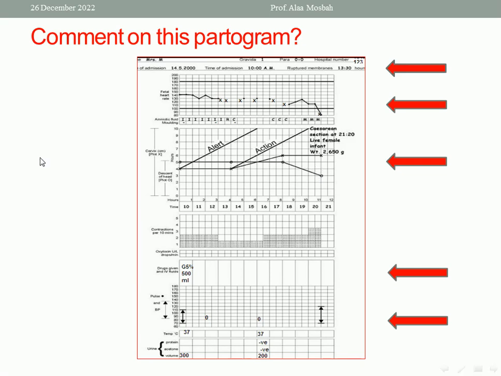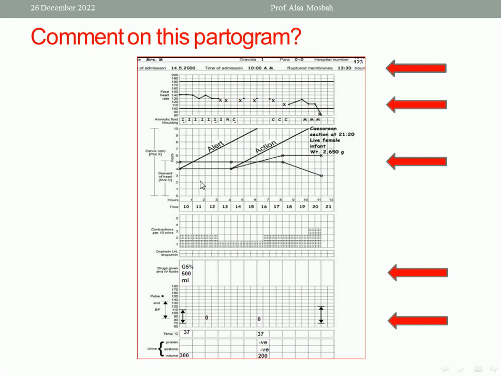But here, at this point, 3/5 of the head is felt. So there was arrest of descent in the first 8 hours, then slow descent only, but the head is still not engaged. All this denotes that there is a problem. Okay?